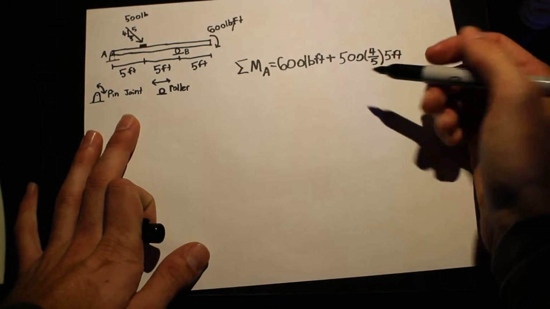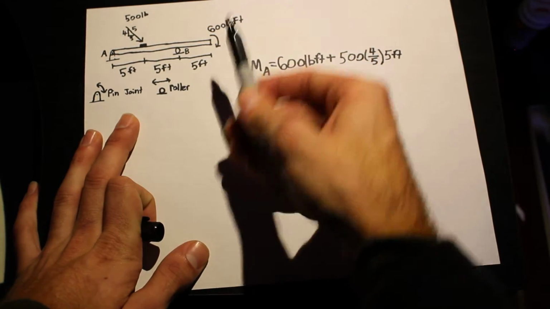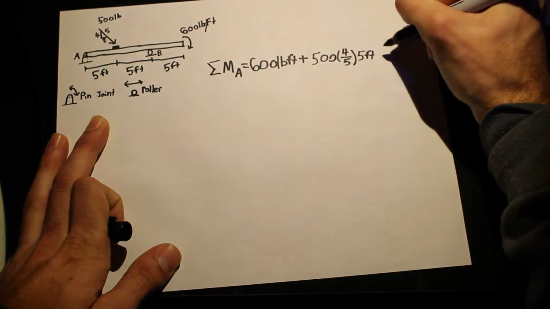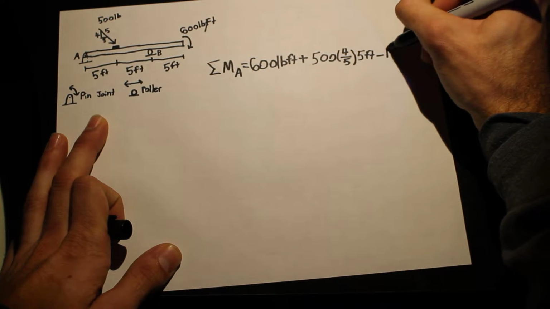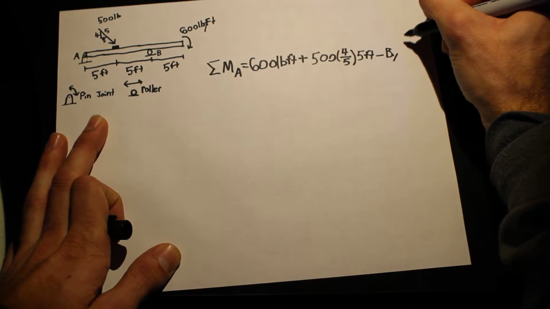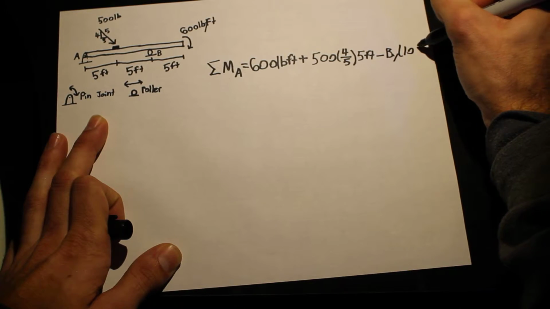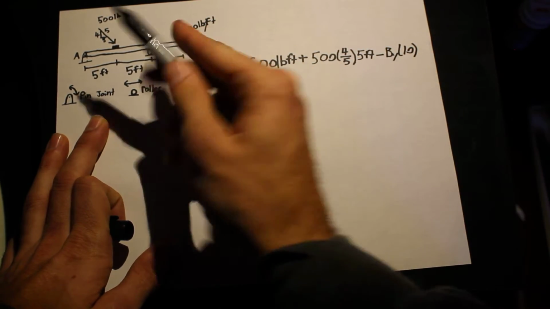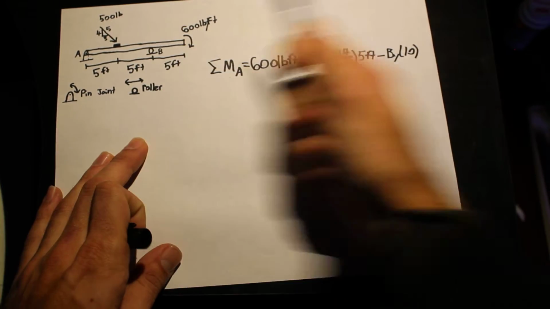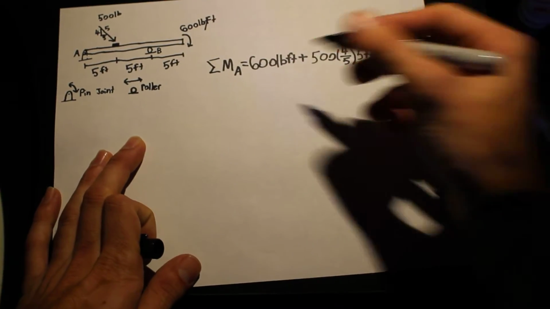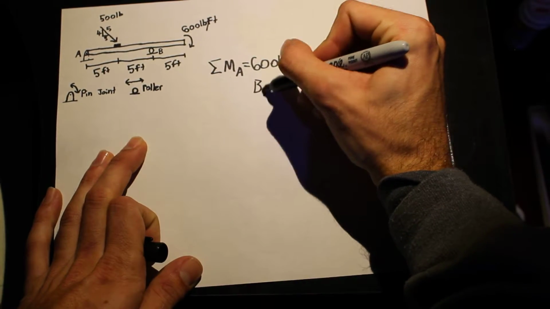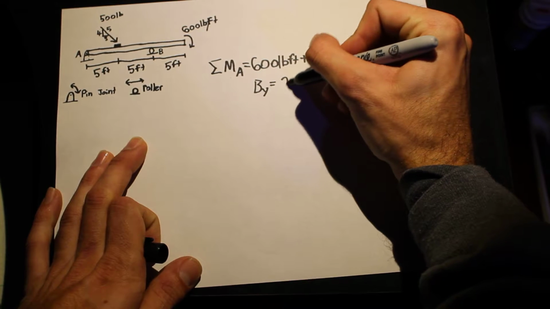And then the last force we have is the force of B. B is providing an upward force, so we're going to do minus By times 10. That's the 10 feet right here from A to B. Once we calculate all that out, we get that By is equal to 260 pounds.